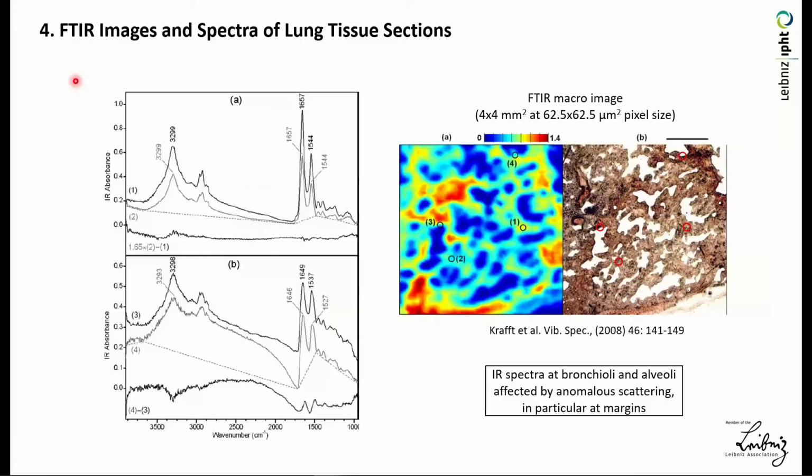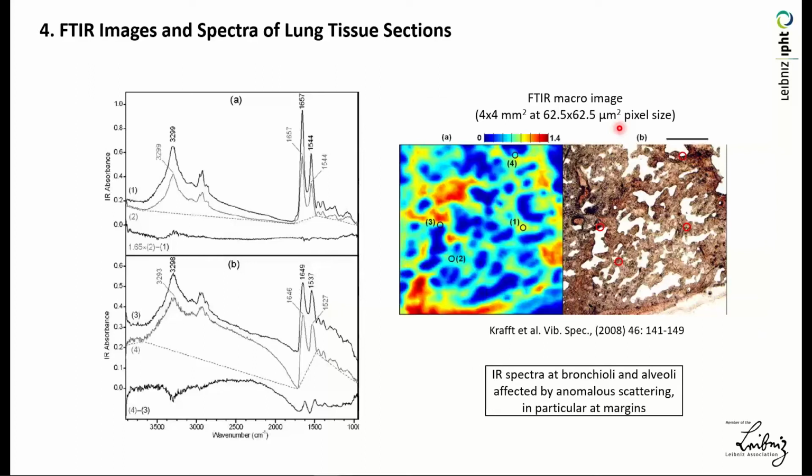A problem for FTIR microscopy is lung tissue, because it's a very porous tissue, as shown here, there are holes which are assigned to bronchioli and alveoli, and here an infrared image was collected in the macro chamber. So this corresponds to 4 by 4 millimeter. Each pixel represents 62 by 62 square micrometer.